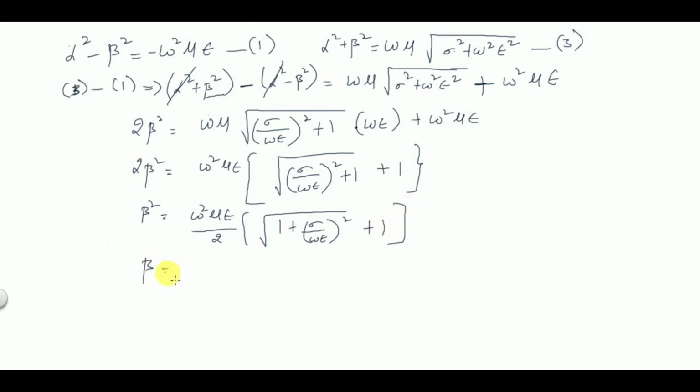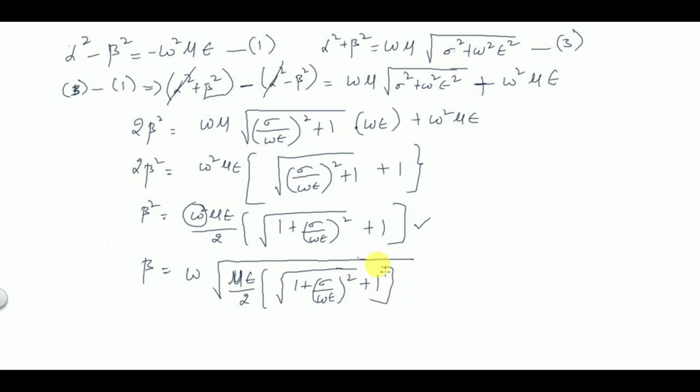Taking the root, the root of omega square is omega, so I write omega outside and all remaining under the root: beta is omega into root of mu epsilon by 2 into root of 1 plus sigma by omega epsilon whole square, plus 1. This is the formula for beta.